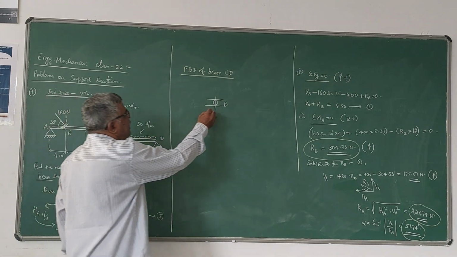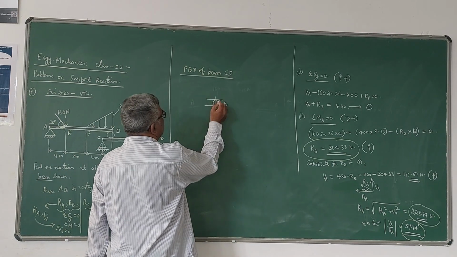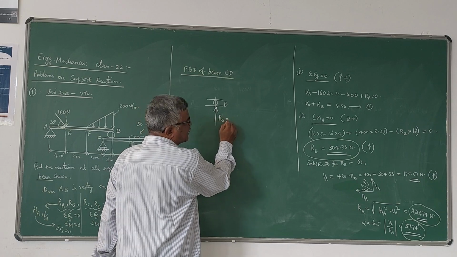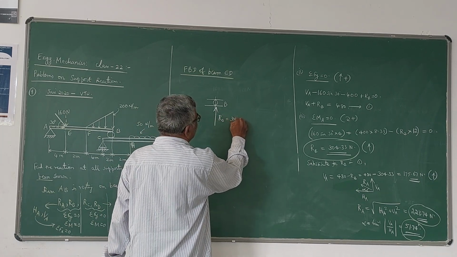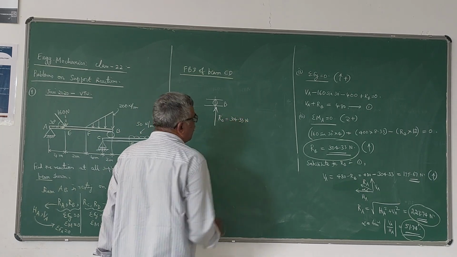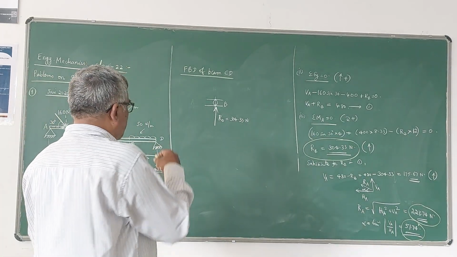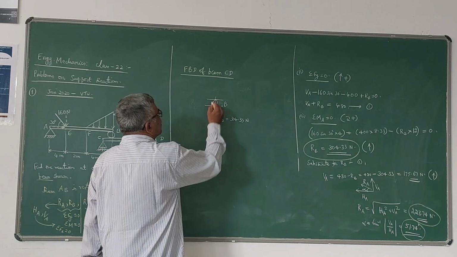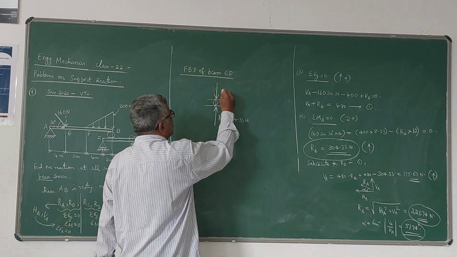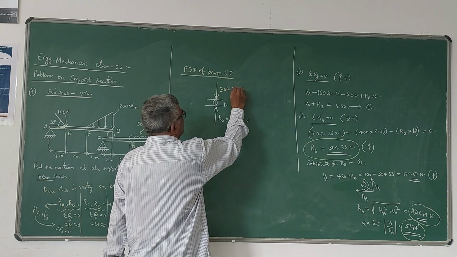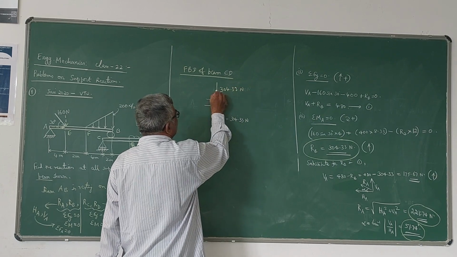At this B, for beam AB, you have the reaction RB, which we have got as 304.33. Now for the equilibrium of this joint B, there should act a downward force of the same value, 304.33 Newton. This concept is very important.